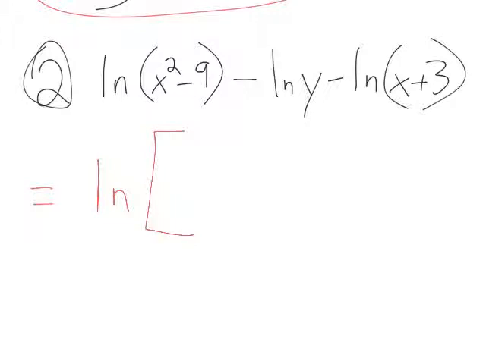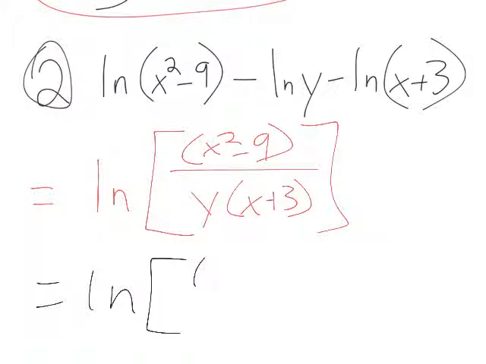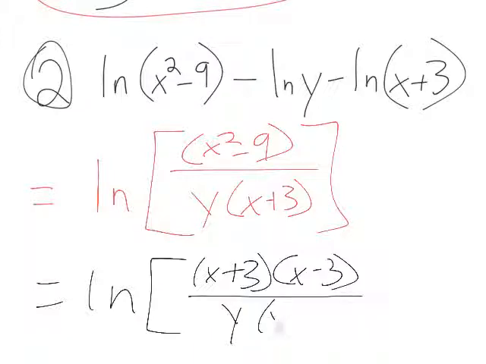We're going to get x squared minus 9. That's the only part of the numerator we have. And then y times x plus 3 on the bottom. I can factor the numerator. x plus 3 times x minus 3 over y times x plus 3.